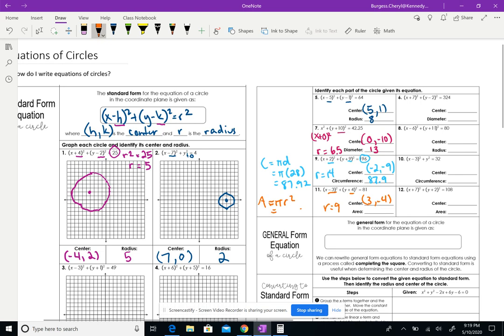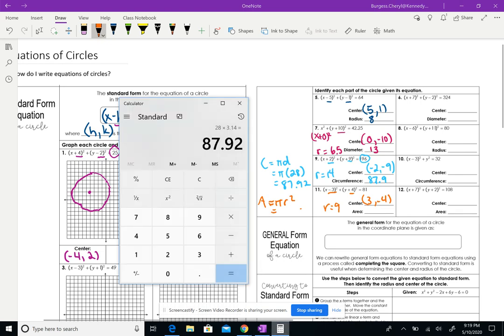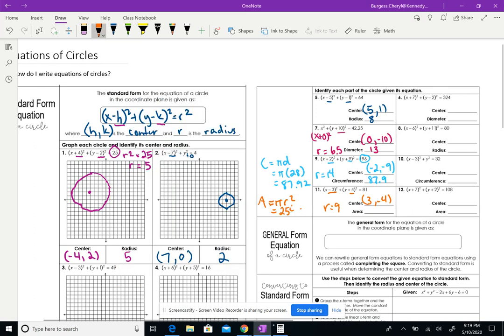So that's pi times 81, right? 9 squared is 81. 3.14 times 81 is 254.34. Okay, so you guys can practice 6 through 12 on your own.